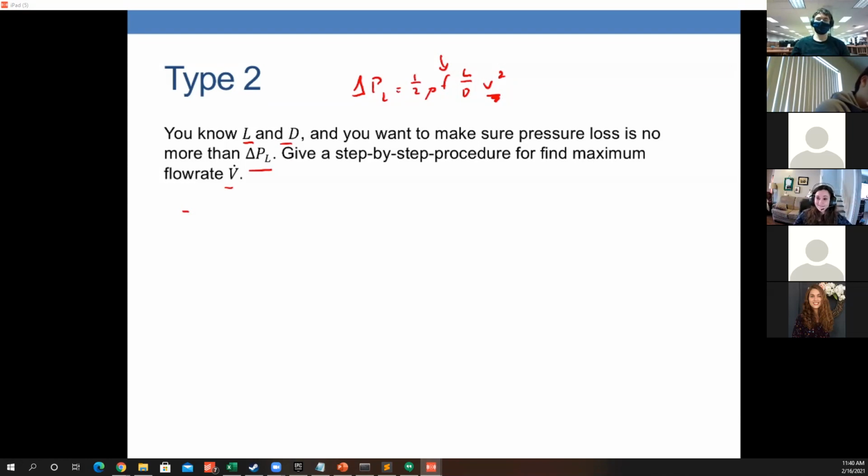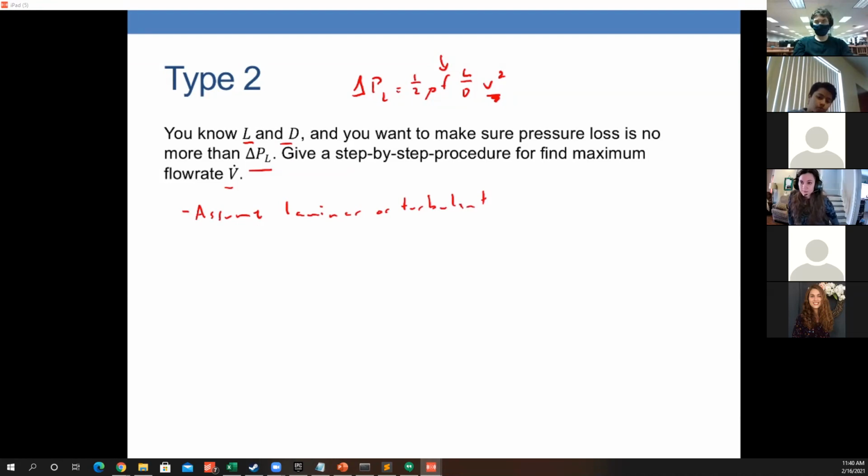Use the Haaland or the Colebrook equation, right? Those are for turbulent flow. But if we don't know what the Reynolds number is, do we know whether it's turbulent? No, but we can guess, assume that it's turbulent. Yeah, you can guess. Guessing is exactly the right thing to do there. Assume laminar or turbulent. Turbulent is usually a better guess.